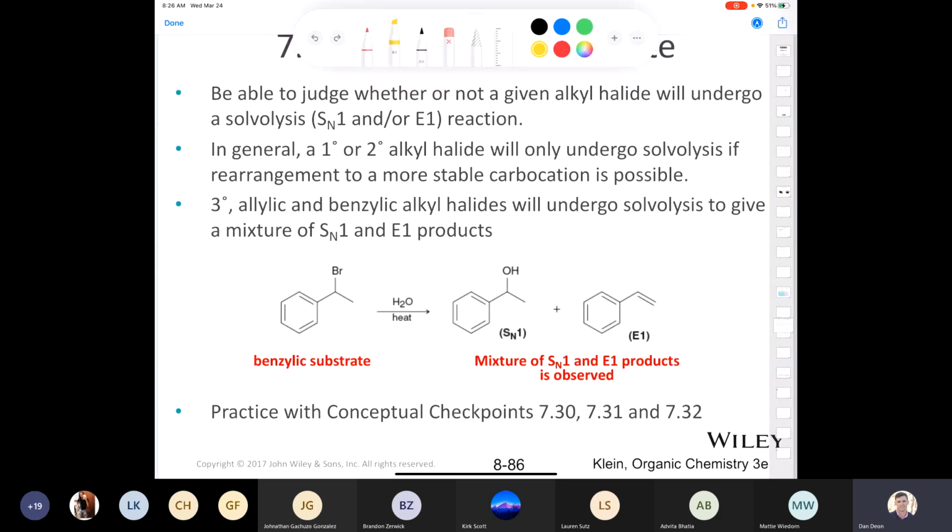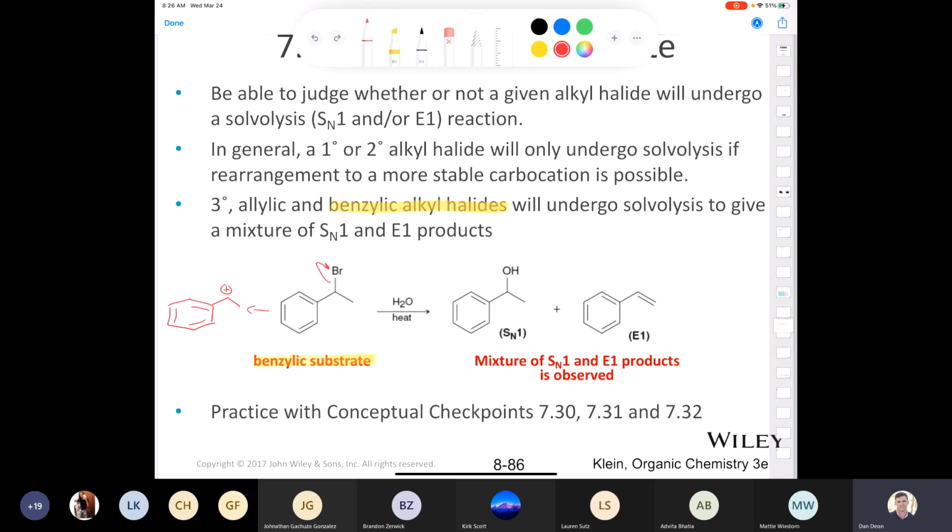That's a benzylic alkyl halide. So you kind of spice it up there a little bit, right? It's not just an alkyl halide. It's a benzylic alkyl halide. And we know that when you lose this leaving group, now I'm just drawing it here to help us out, you end up with this intermediate, which is resonance stabilized. And that's why this molecule can undergo a solvolysis reaction to give you the SN1 and E1 products.